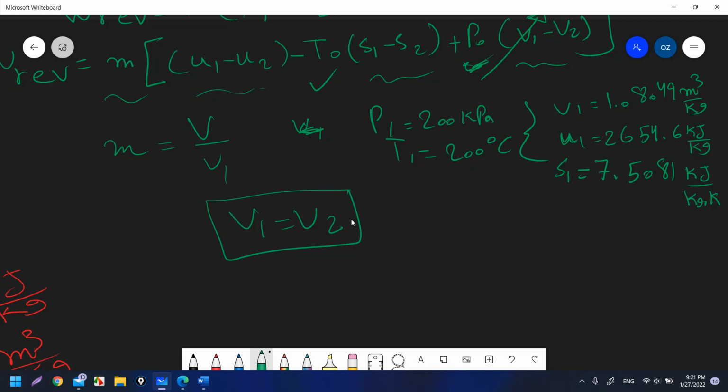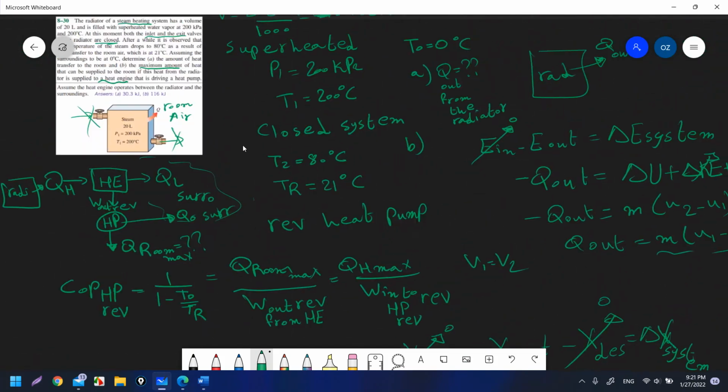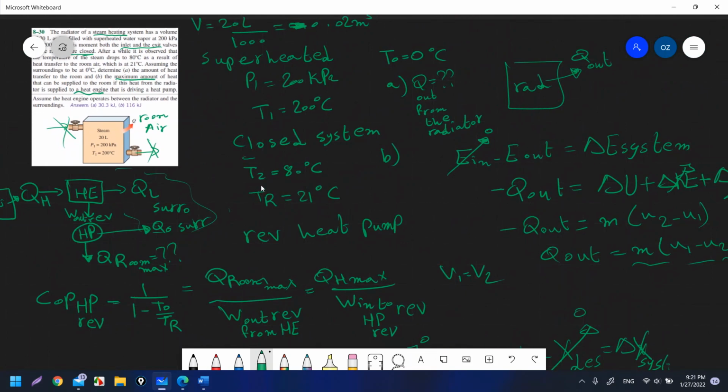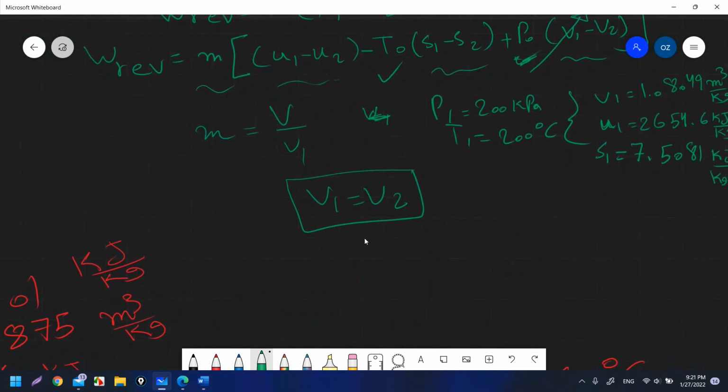Like here we have P1 and T1, so we can find V1, U1, S1. But for state 2, he only gave me T2 equal to 80 degrees Celsius, and that is it. He didn't mention anything else. So knowing that V1 is equal to V2 is very important. So we have T2 and V1 equal to V2, and then you can find other properties.